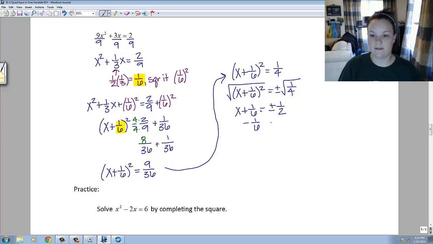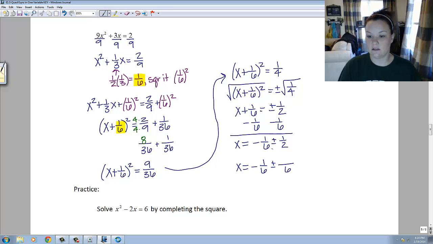Now these are regular numbers. I don't have square roots or anything left over, so I'm going to get a common denominator and actually figure out what these 2 answers are. My common denominator in this case would be 6. So to write a half with a denominator of 6, I would multiply on top and bottom by 3, which gives me 3/6. Okay.